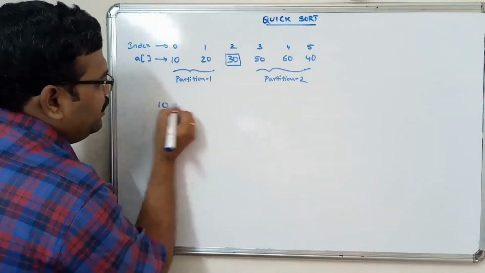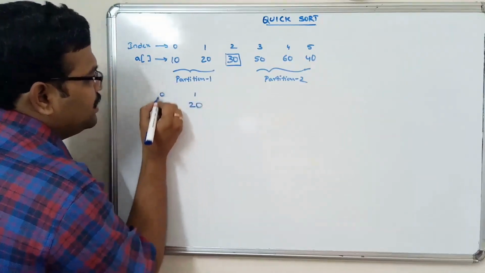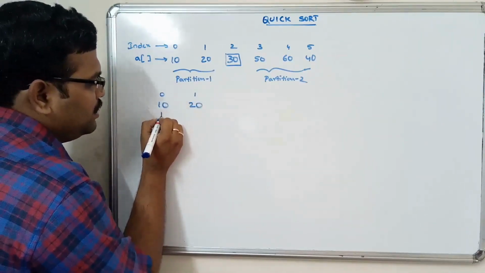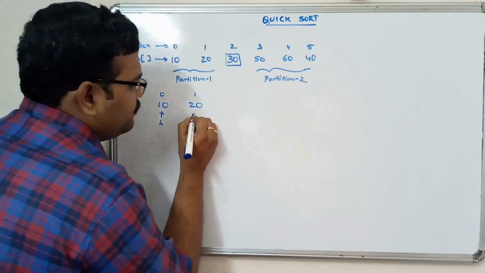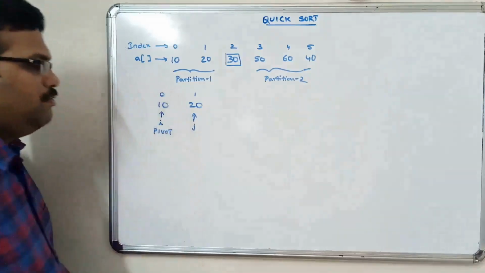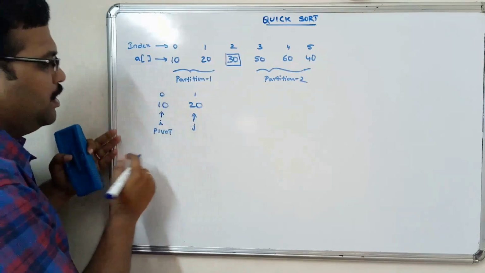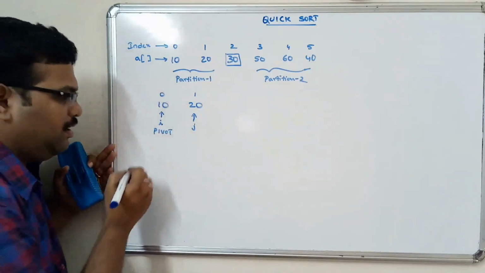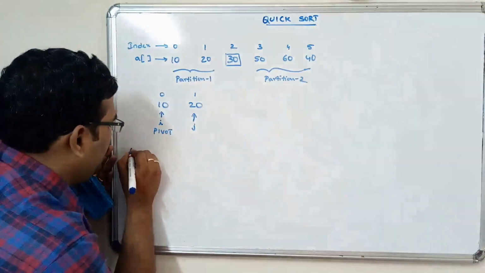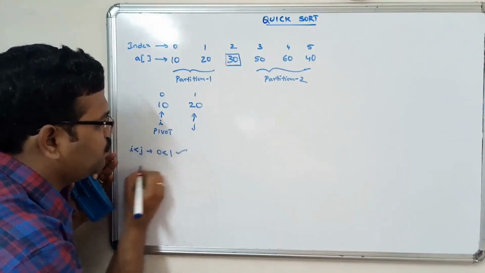So let us consider these partitions. 10 and 20, 0th index, first index. Obviously this will be I, this will be J, and also the pivot. We know that we are considering the pivot as the first element. So what we have to check? We have to repeat until I is less than J. Here 0 less than 1, condition true.